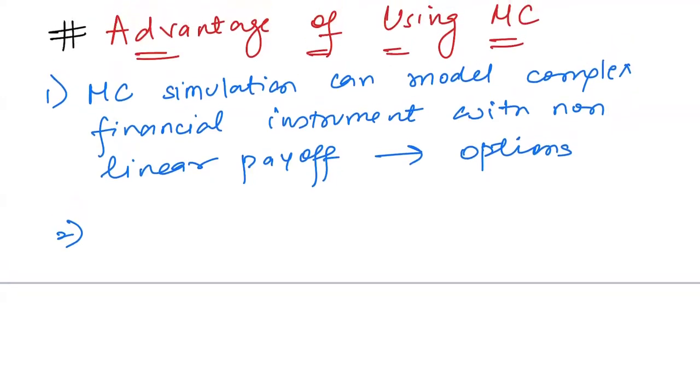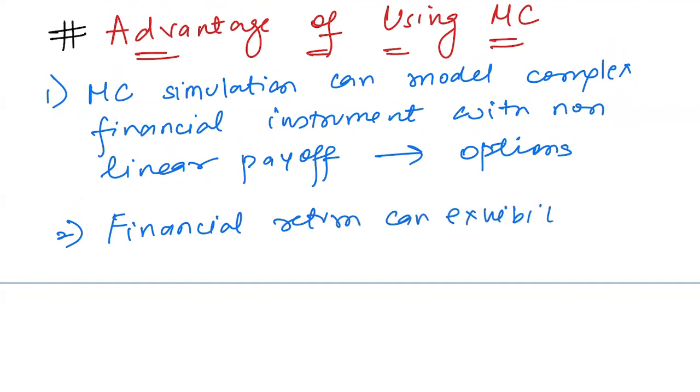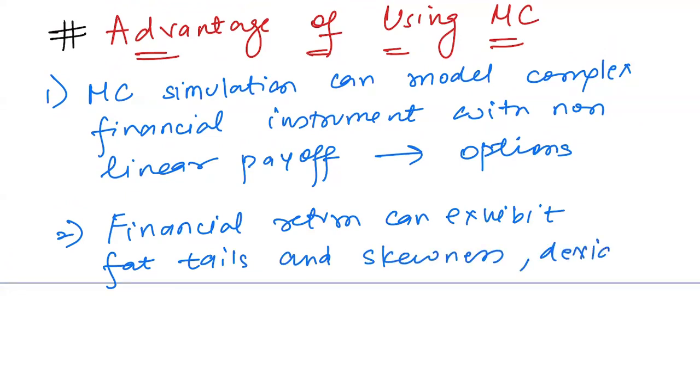So the second point is that financial returns can exhibit fat tails and skewness, deviating from the normal distribution.